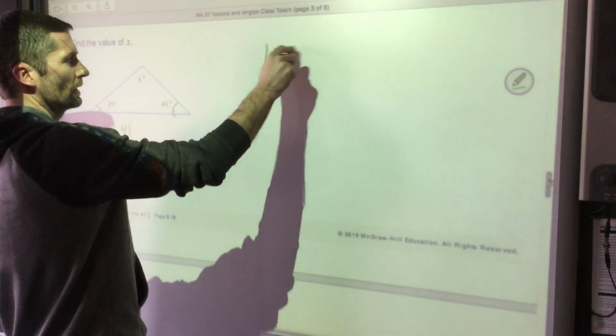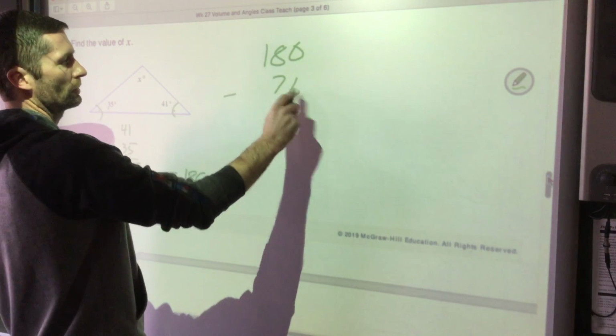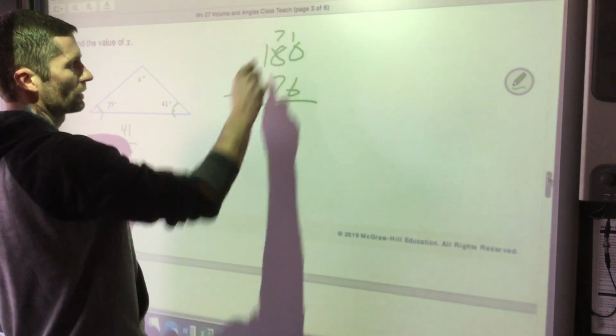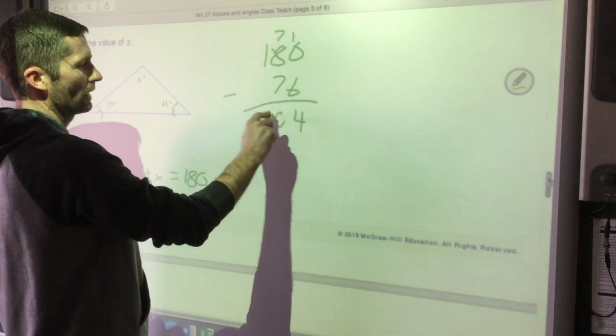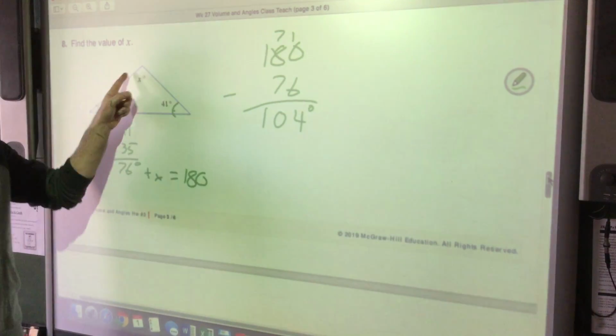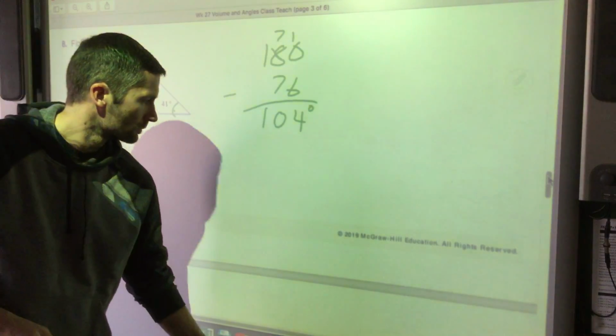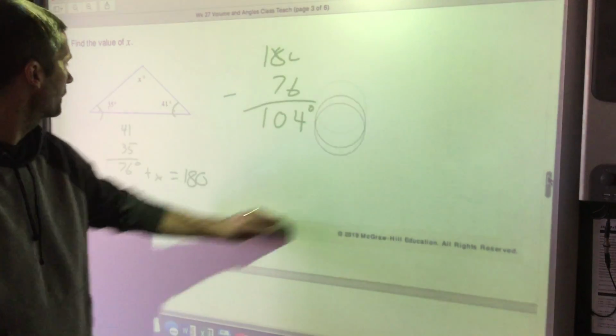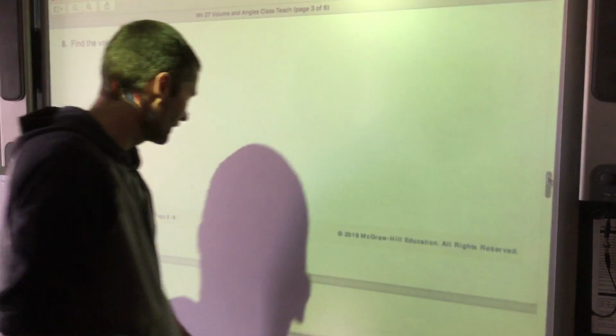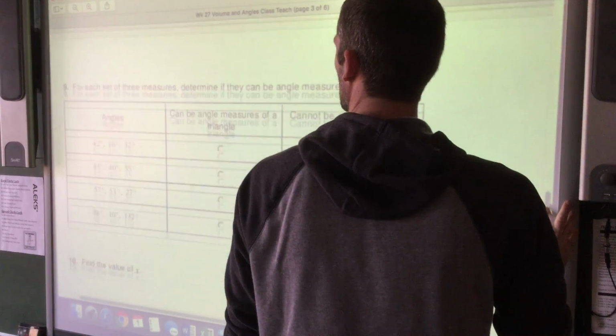So if we have 180 total, let's subtract 76 from it. We've got to borrow here. The answer is 104 degrees, which makes sense. That looks a little more than 90 degrees. Okay, so all triangles are going to add up to 180 degrees with their interior angles, the angles on the inside.